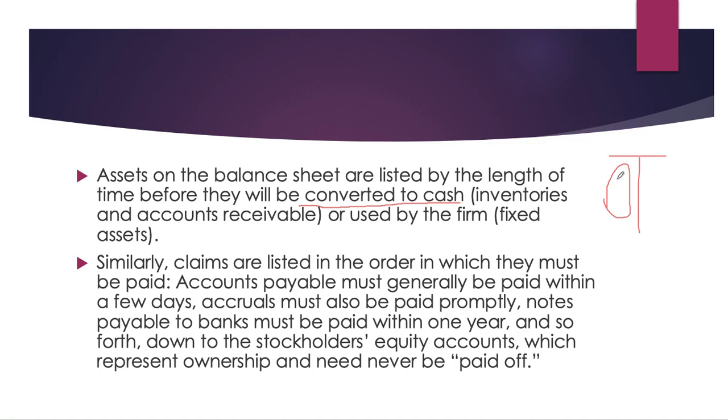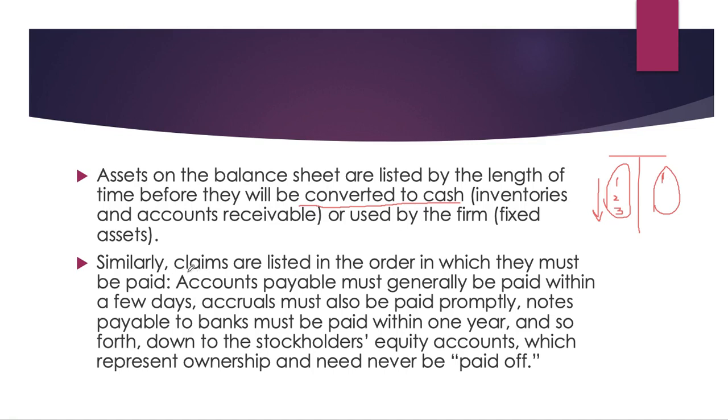So starting from the most liquid item, 1, 2, 3, we go to the least liquid item on the asset side. And similarly on the liability side also, we start from the most immediate claims and go towards the longer term claims on our assets.